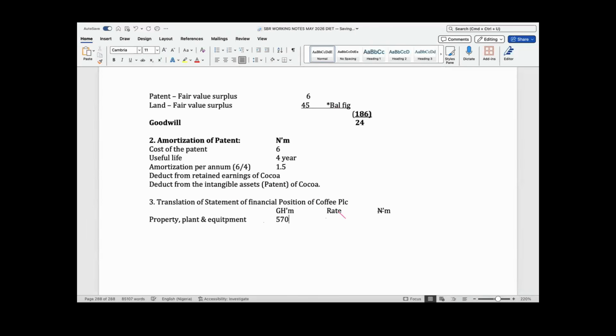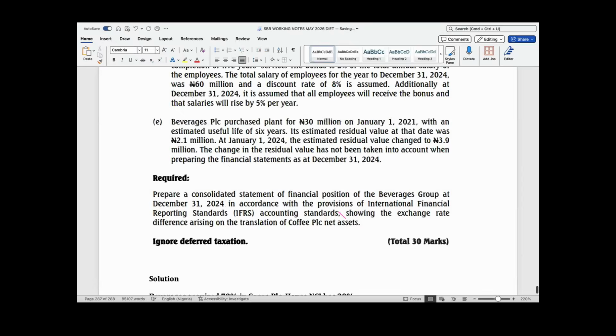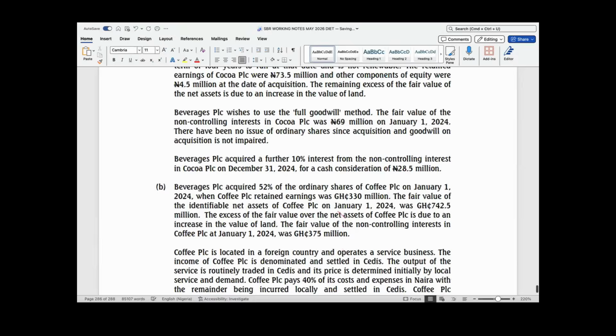PPE 570, financial assets 75, current assets 490? No. So my total assets, what is the total? 570 plus 75 plus 490.